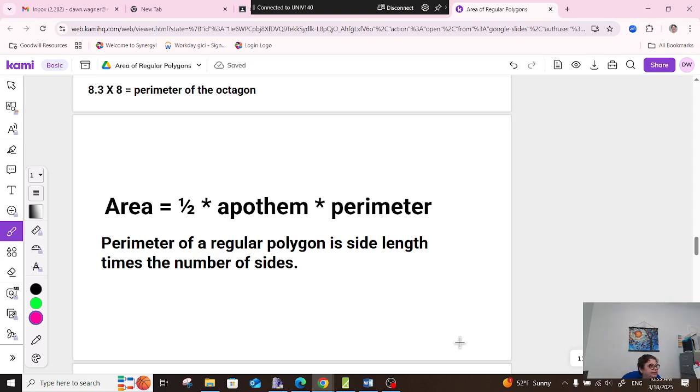Side length times the number of sides, because the sides are each equal, right? To find out the length around the total outside, you just multiply the side length times the number of sides for a perimeter. Have I lost anybody?